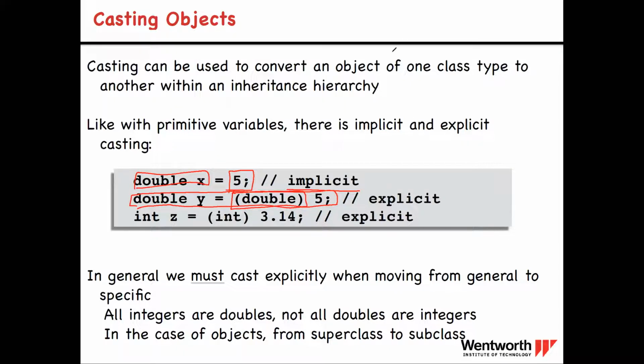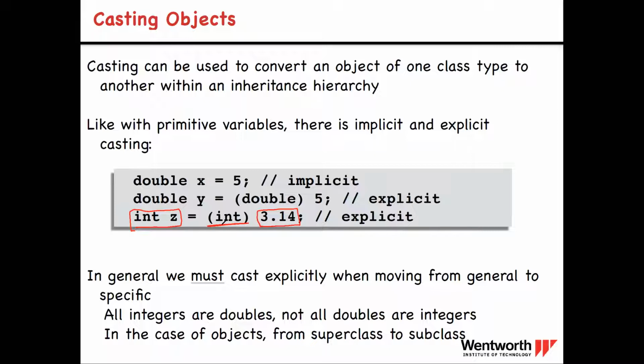But if we go the other direction, if I have a double on the right and I want to change it to an int, or save it to an int, I must do the cast. So you must explicitly cast, like that third line, when moving from general to more specific.